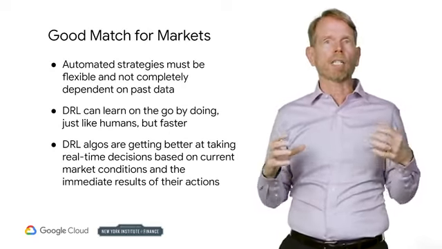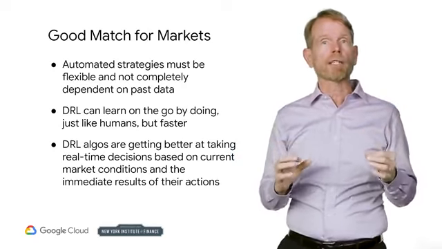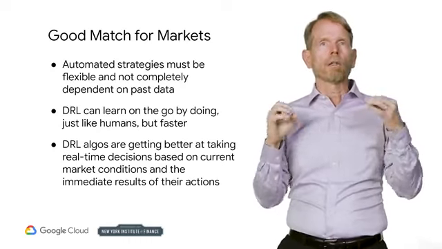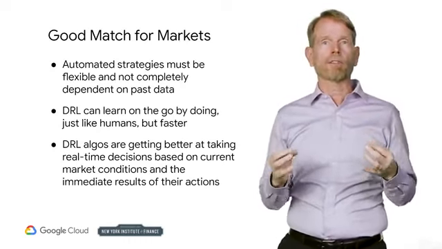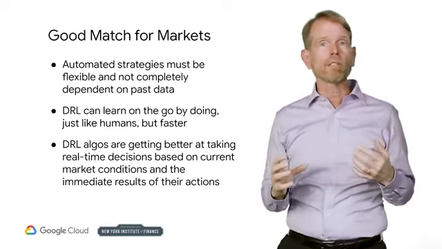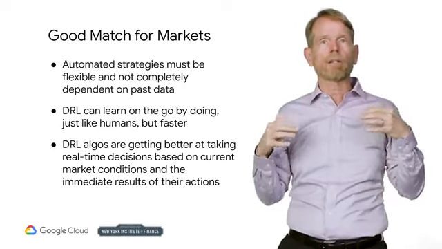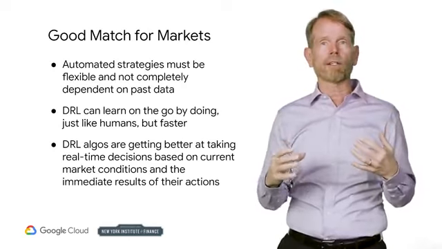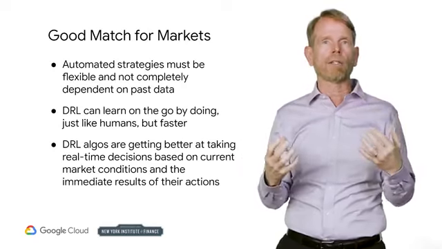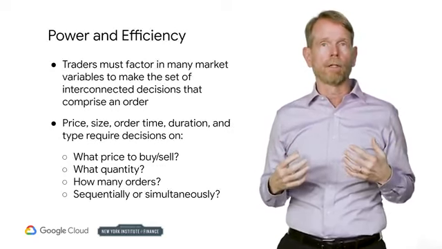This means that they are getting better at taking real-time decisions based on the specific characteristics of the moment. At its core, learning is an interactive process that requires feedback from both sides. And that is why it's reasonable to expect that deep reinforcement learning agents will become better at navigating financial markets due to their ability to adapt to changing environments and learn from the immediate result of their actions.